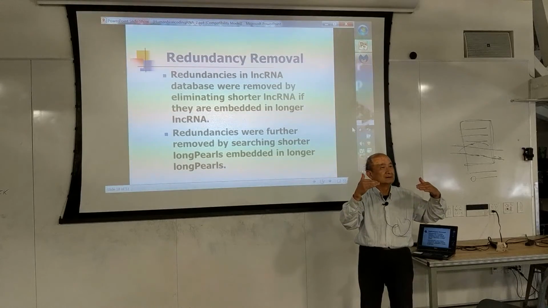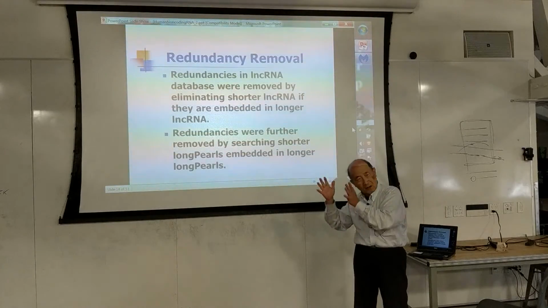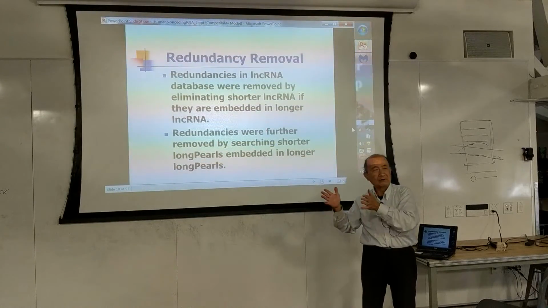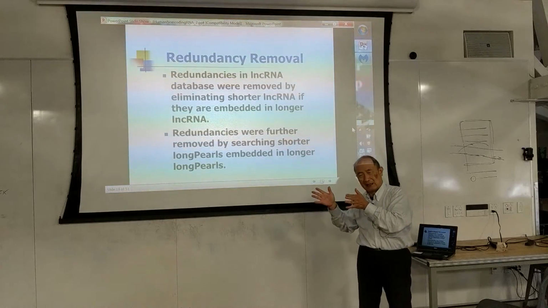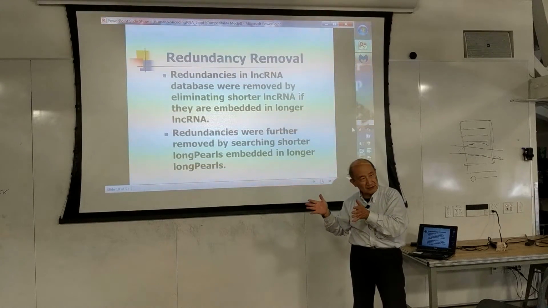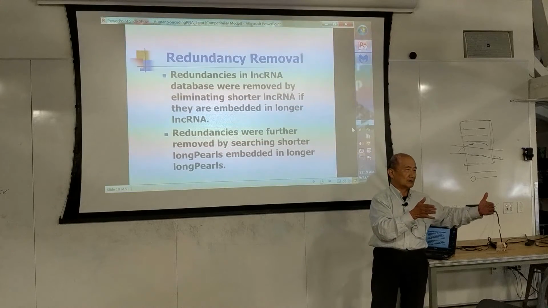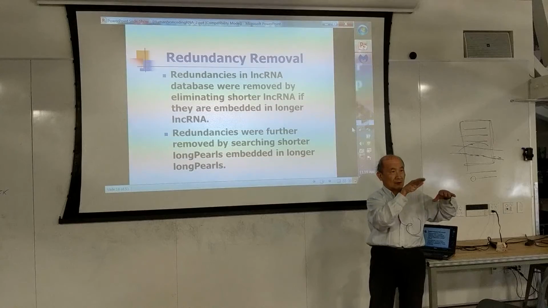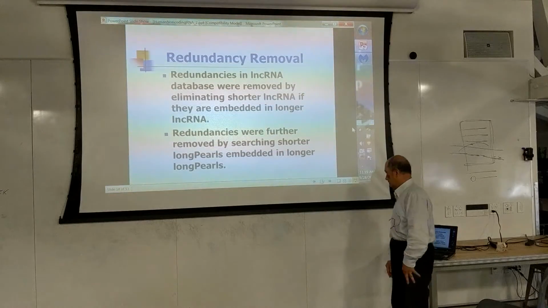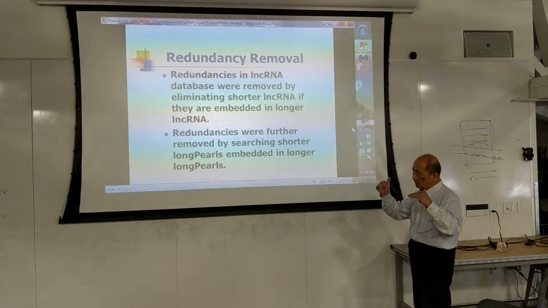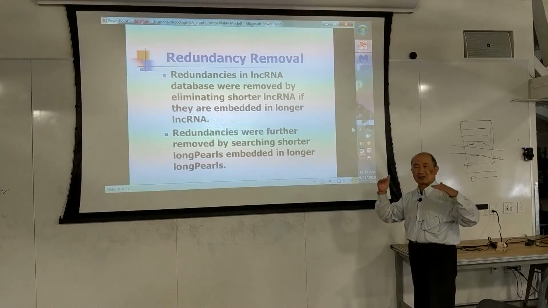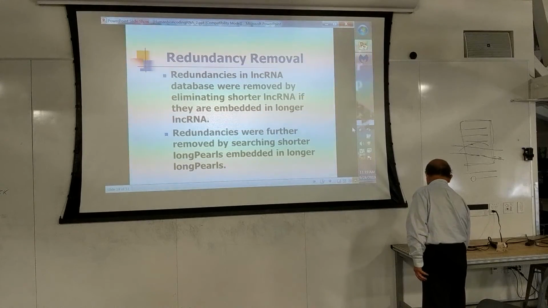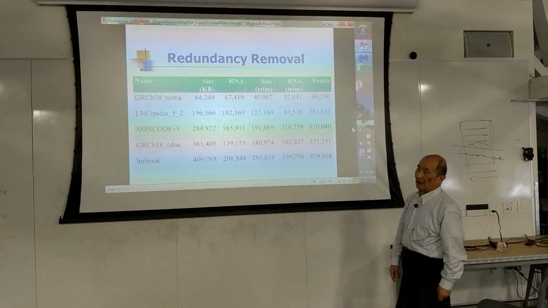Okay, so this is from the pair file. If there are redundancies in the pair file, I would record the redundancy and go back to the RNA file, and try to remove the RNAs which have redundant pairs in them. But even with that, there's still lots of redundancy there.